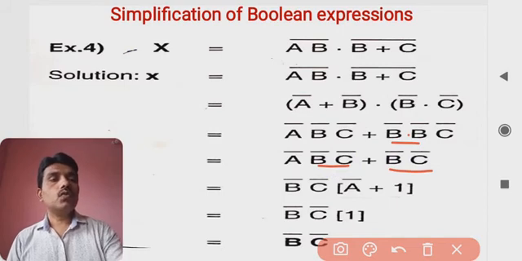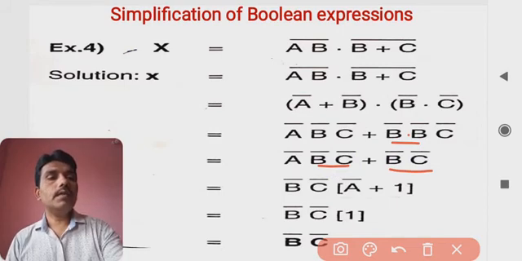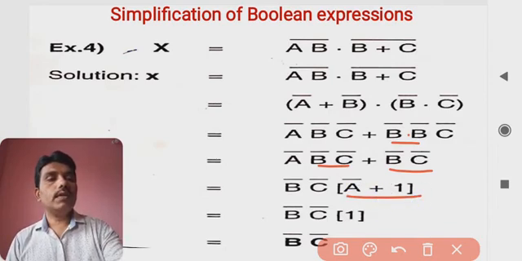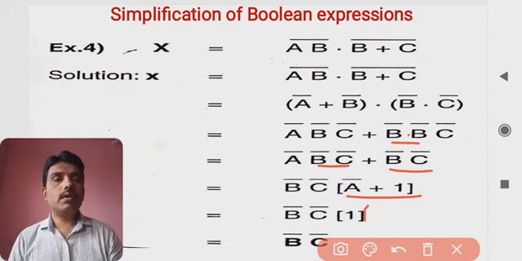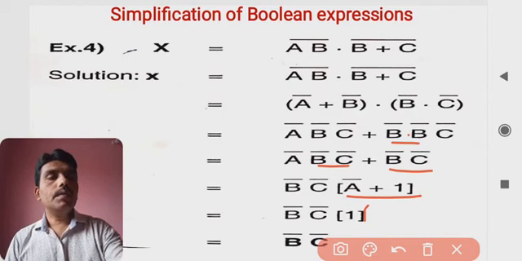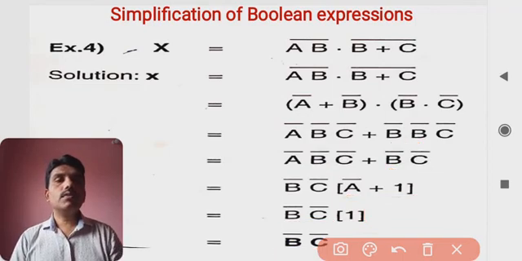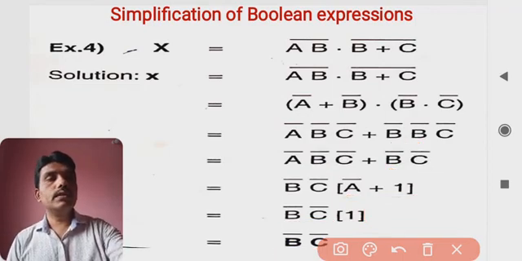So B complement, C complement in bracket, A complement or A is to be there. A or 1 is always 1. Again A complement or 1 is always 1. And the remaining part will be B complement and C complement, and 1 is always B complement and C complement. So this is the way to simplify this example.